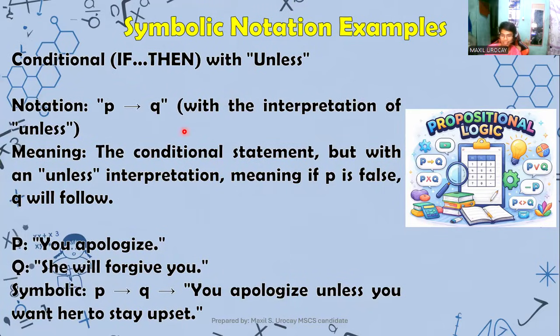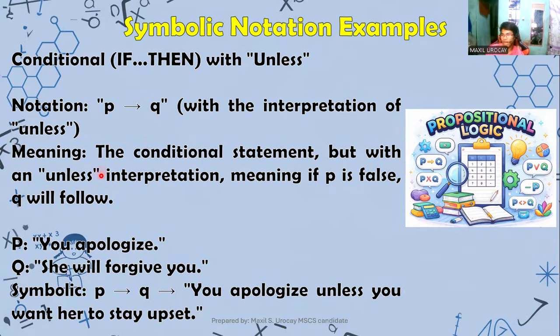The conditional statement with an "unless" interpretation means if P is false, Q will definitely follow. For example, P: you apologize, Q: she will forgive you. You read that as: you apologize unless you want her to stay upset. It will be like that.